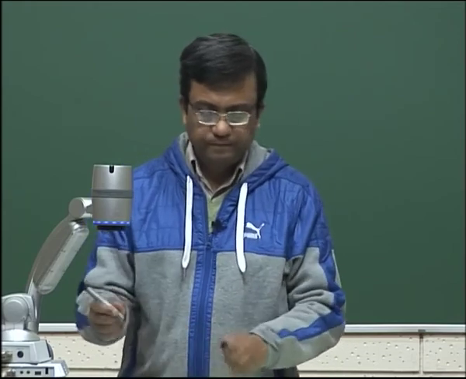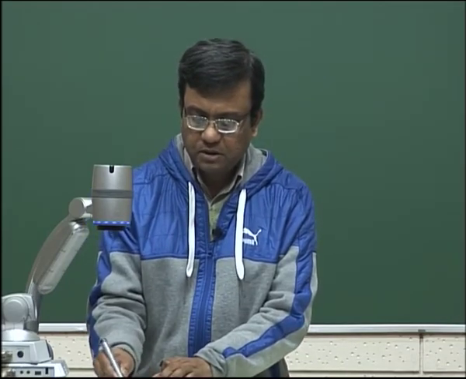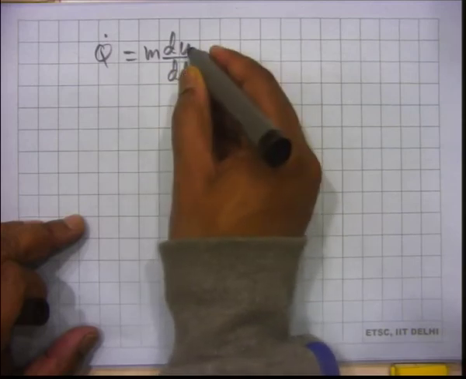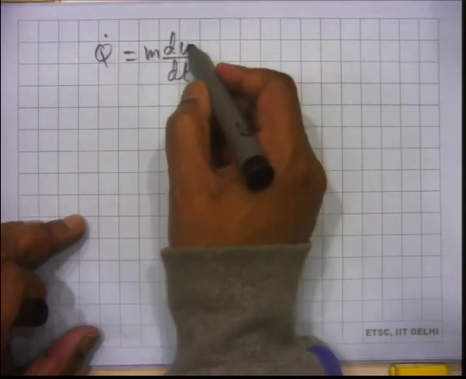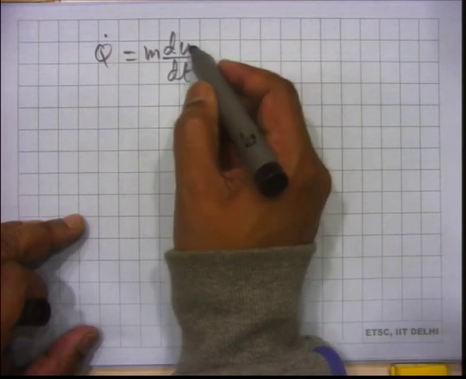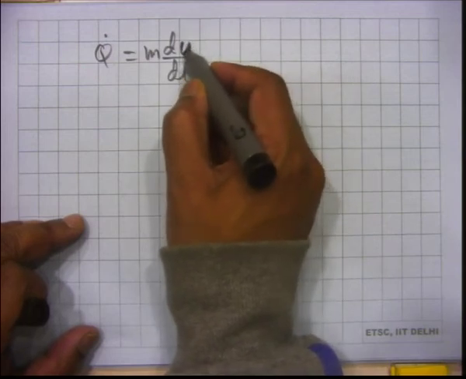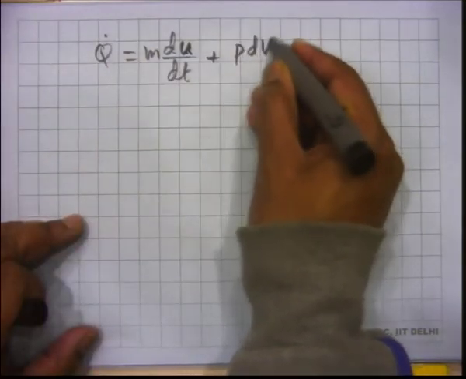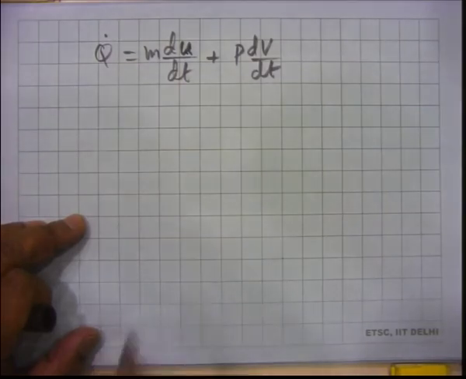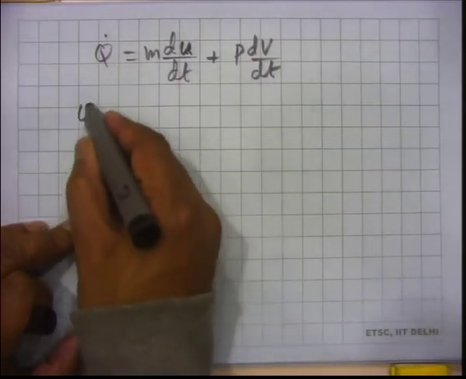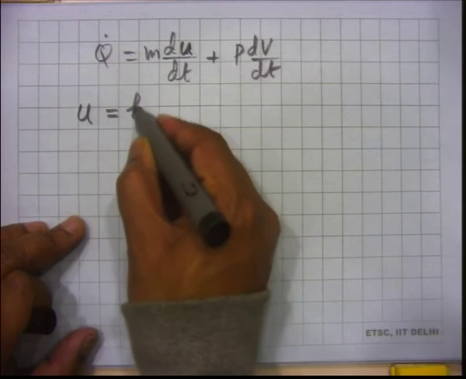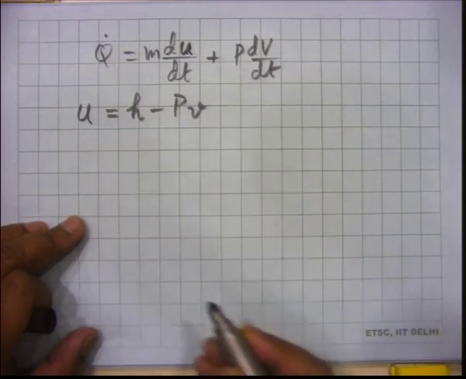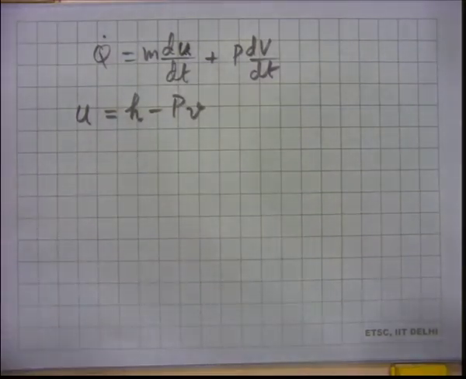we will not use the q dot equal to m du dt. This is small u because m into small u is capital U. So, this u is specific internal energy, that is after dividing by mass of the system, and this is p dv dt. So, this is from the last page. Now, we will not write u, instead of that we will write h minus pv. Why do we do that?